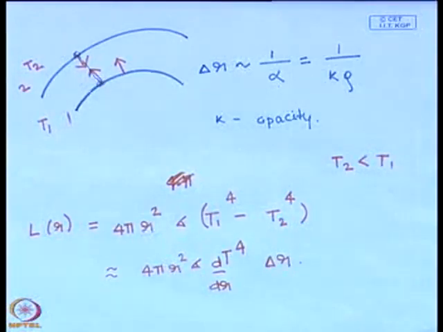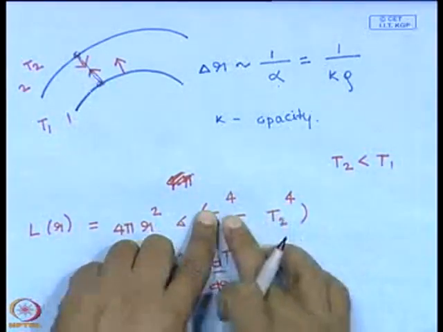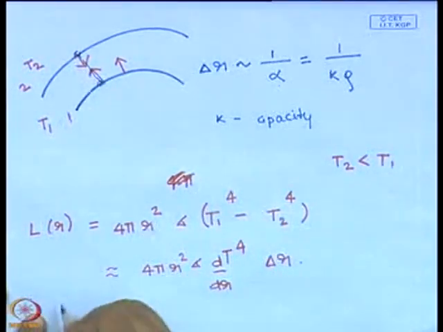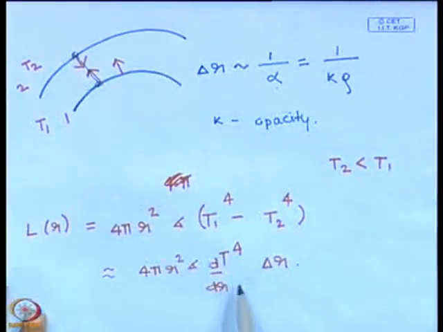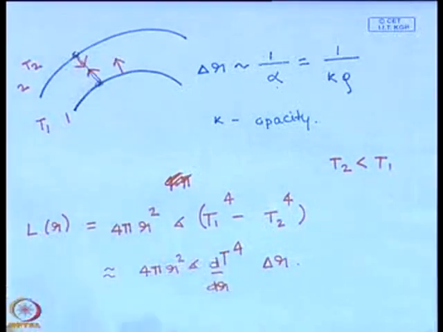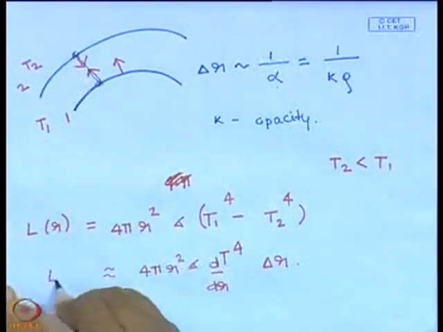But that will be an estimate of this quantity, and the mean free path we know is much smaller than the radius of the sun, very small, it is of the order of millimeters. So, this gives us the luminosity.